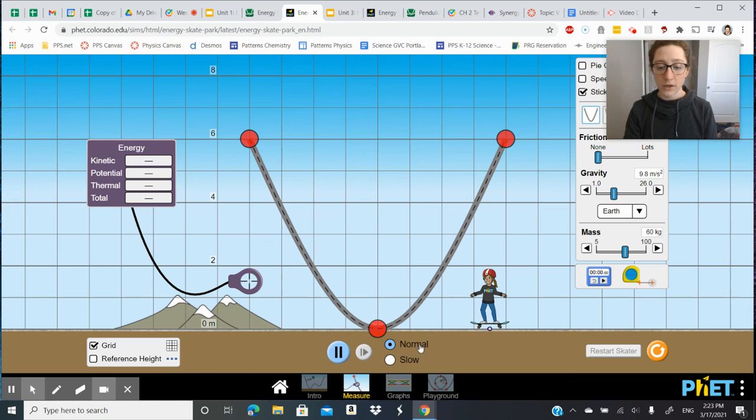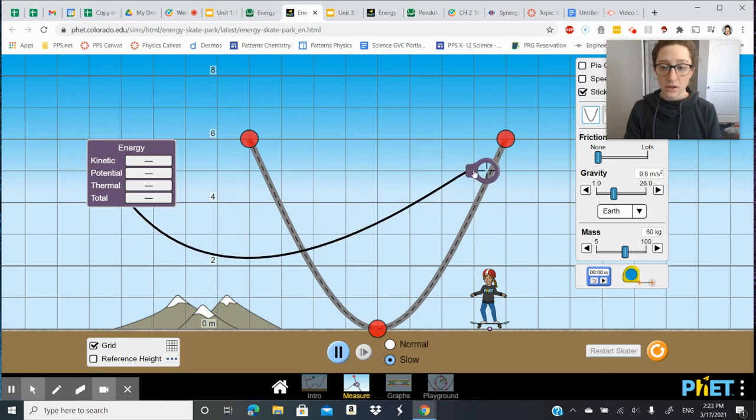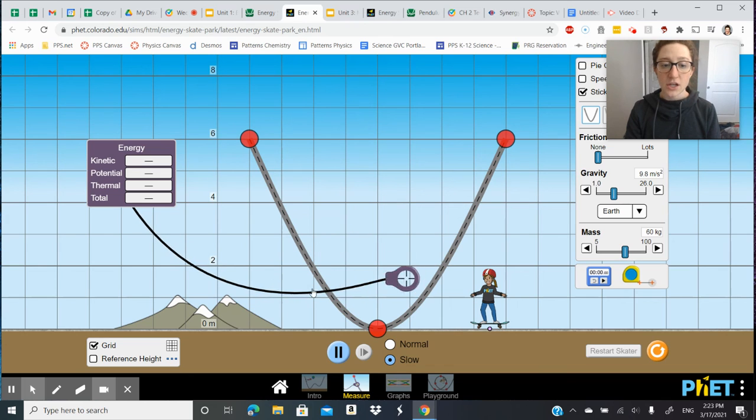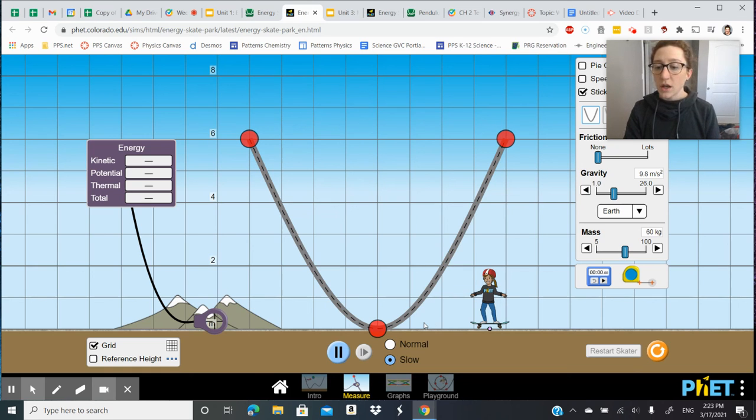I like it when this person's moving slowly. It makes it easier for me to catch things. You just need to be able to measure the height at different points. So you're going to be selecting some of these different numbers and measuring the height at those points. You might have a really fast way of collecting some data if you're just measuring the height. And that's how you collect data.